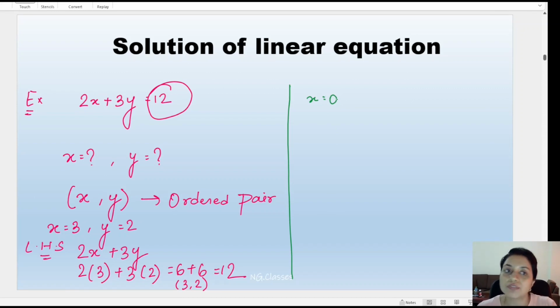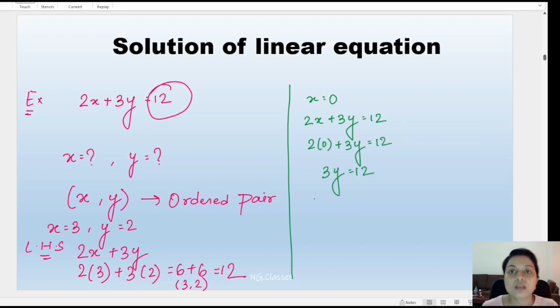When x equals 0, 2x plus 3y is equal to 12. This is the equation we have. Here we will substitute the x value as 0, and our motto is to calculate the y value. So from here we will get y as 4. So when we substituted x as 0, we got y as 4. This is one of the ordered pairs.